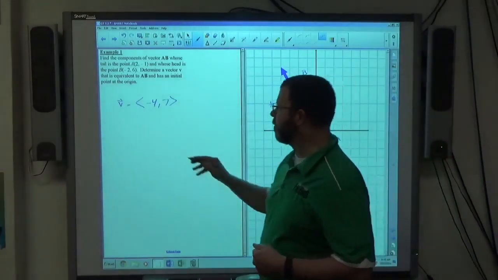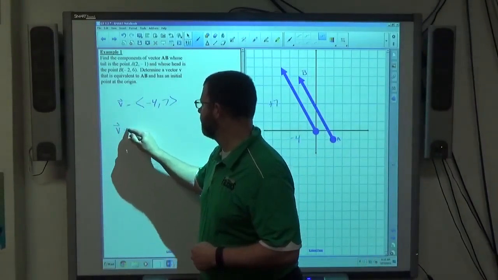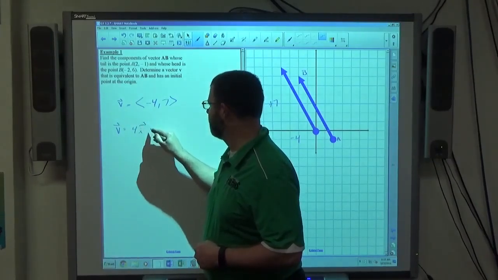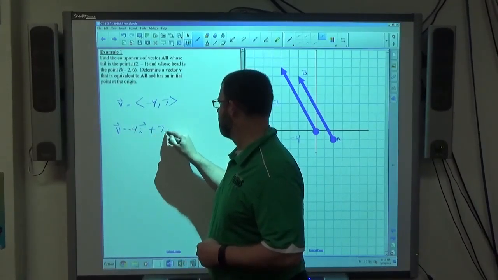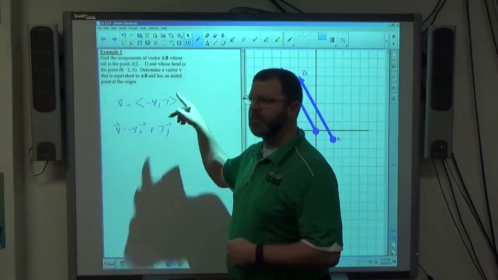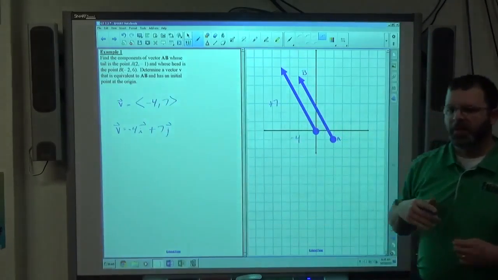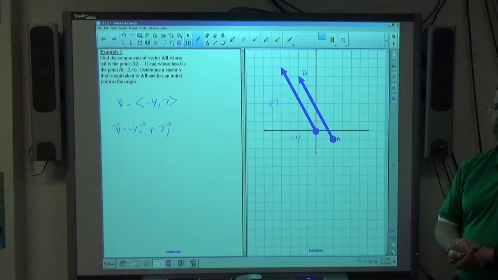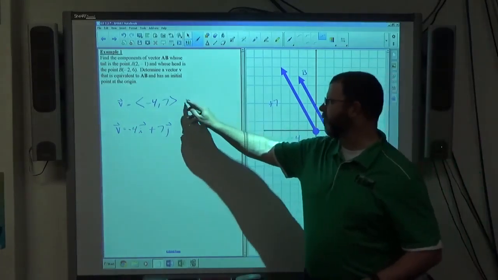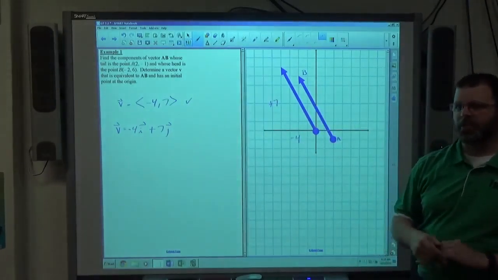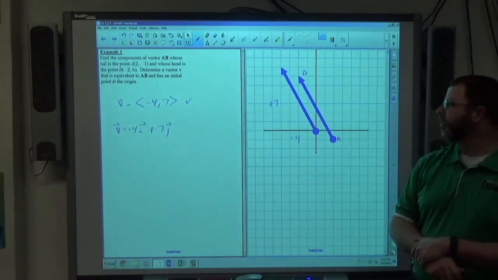The way we've been doing in Algebra 2, these mean the same thing. But for the sake of these problems here, the book puts the answer like this. So let's just go ahead and put the answer like that, so if we're comparing our answers, we can see that we got the right answer.